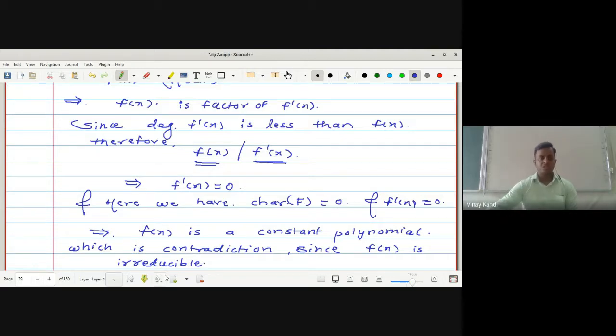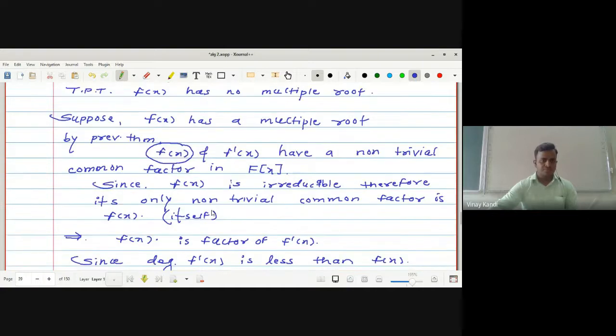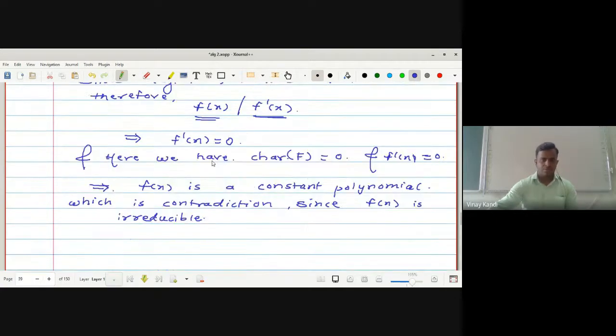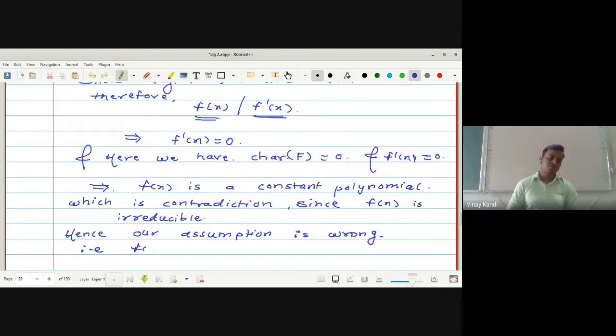Hence, our assumption is wrong. What is our assumption? Suppose f of x has a multiple root is wrong. So what we get? f of x has no multiple root. Which is a contradiction, since f of x is irreducible. Hence, our assumption is wrong, that is, f of x has a multiple root.